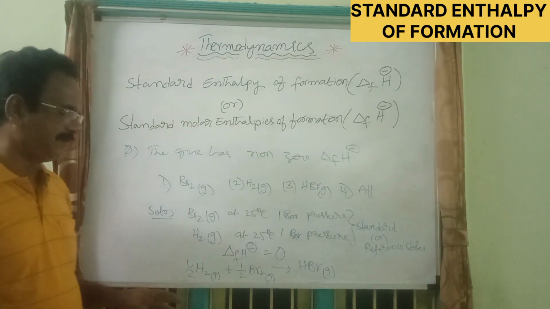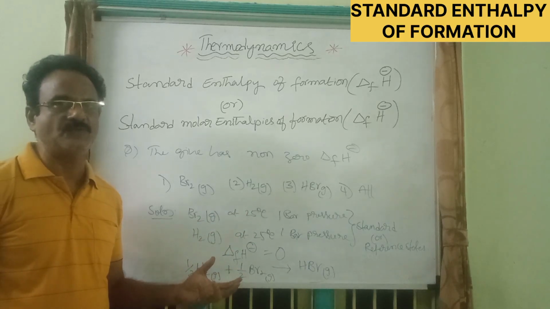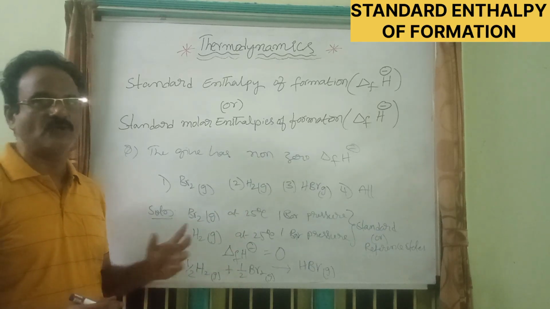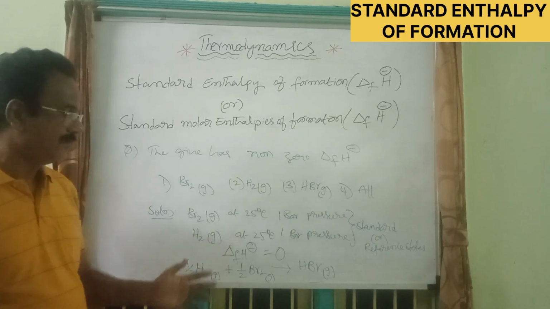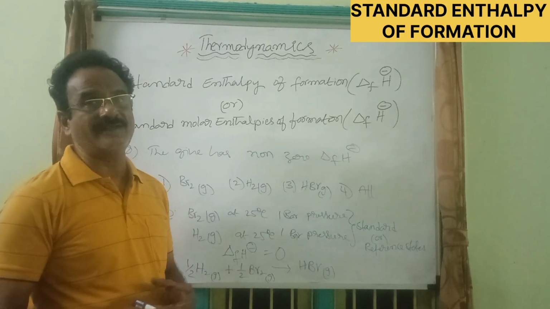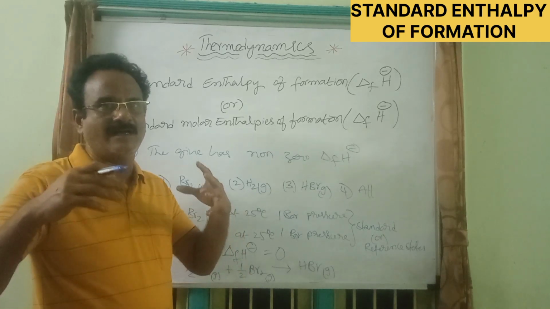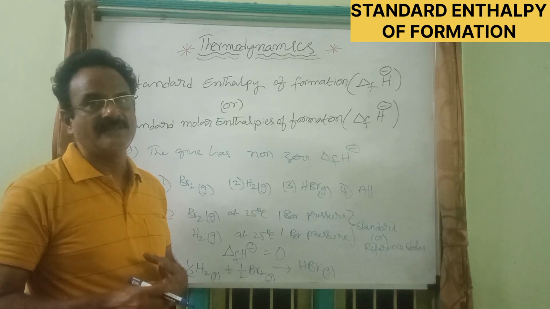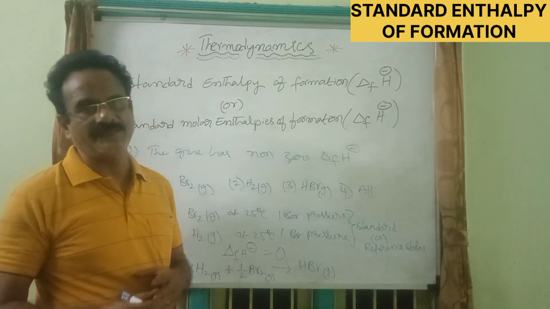Here what is happening? Half mole of H2 and half mole of Br2 are reacting together. Both are in standard state or reference state, reacting to give 1 mole of HBr. But HBr is not in standard state. HBr does not exist in nature, so it is a component formed from H2 and Br2.